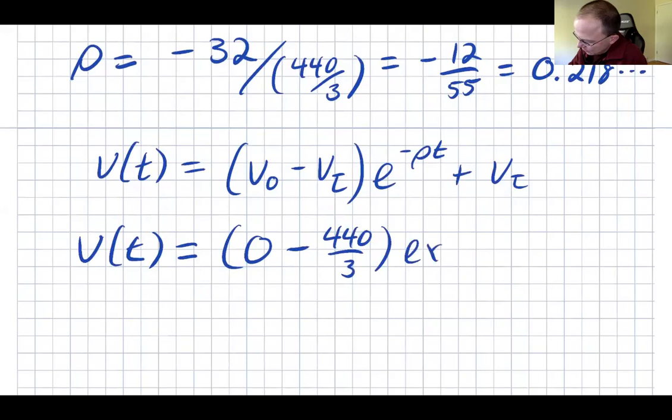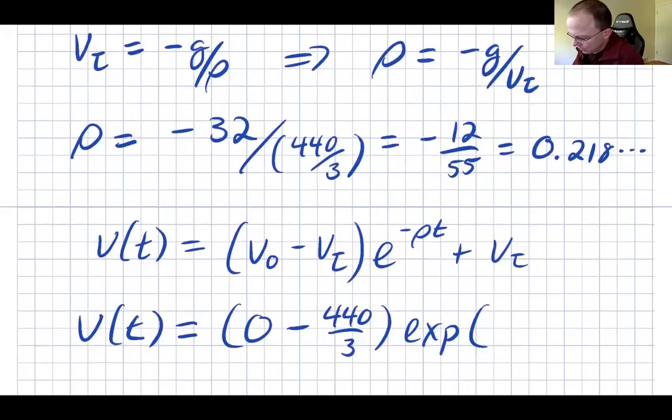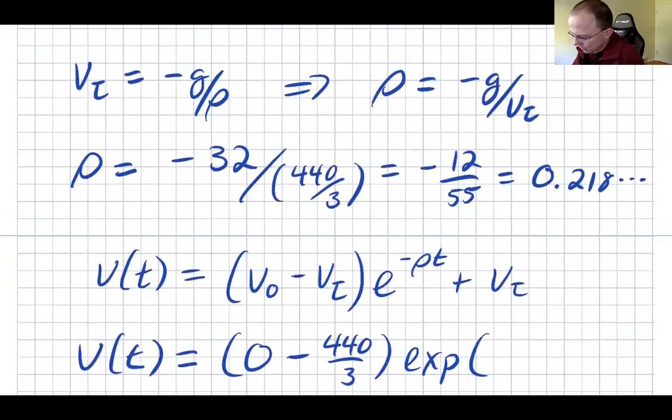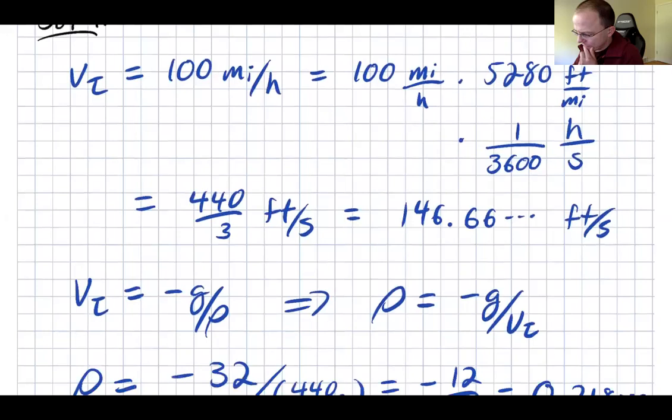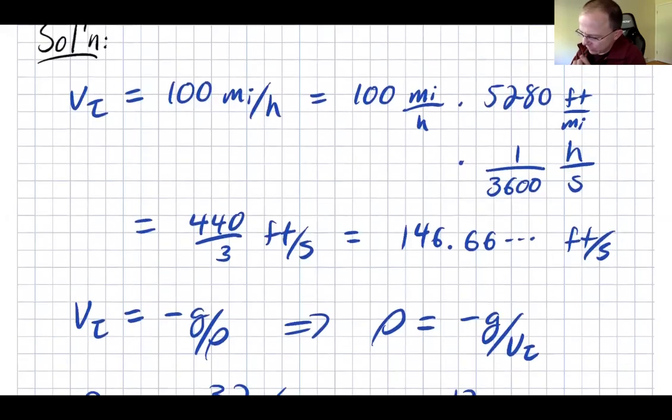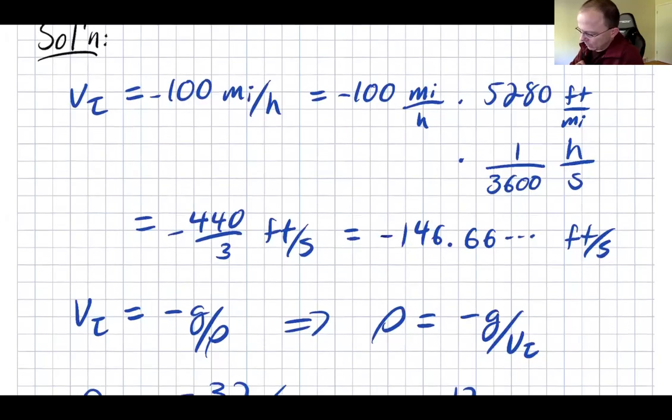The drag coefficient is negative, it was negative, let's see. Oh, terminal velocity. Oh, this is the terminal velocity going down. Oh, yeah. Okay, so these should be negative. So we should have negatives in here. That makes more sense.